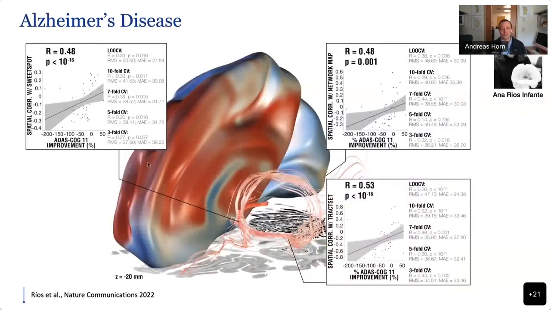And this is just for completeness. We did this cross validation on the entire set in the end, using leave-one-out, 10-fold cross validation, 7-fold cross validation, 5-fold and 3-fold, and really always remain significant. So this is quite a robust effect. And then we also looked at the localized sweet spot of where exactly we think.